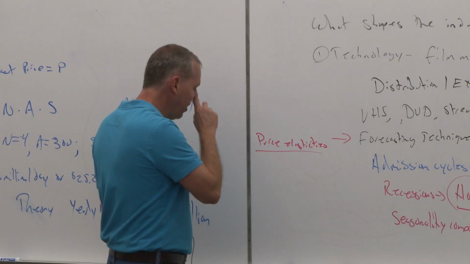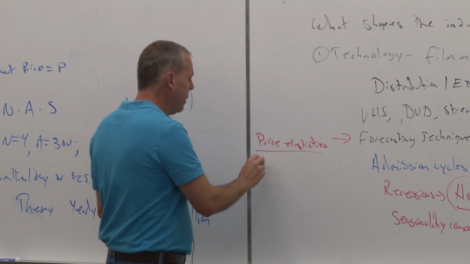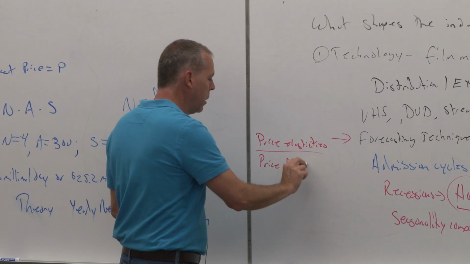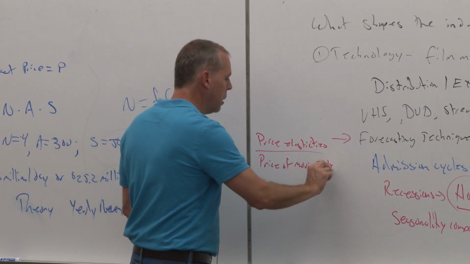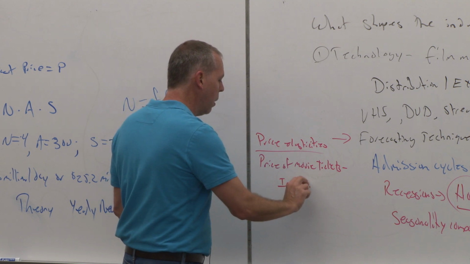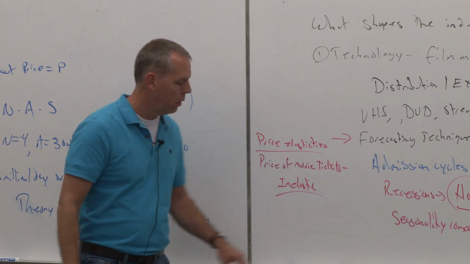So for example, what we see here is that the price of the movie tickets themselves are inelastic. What does that mean?